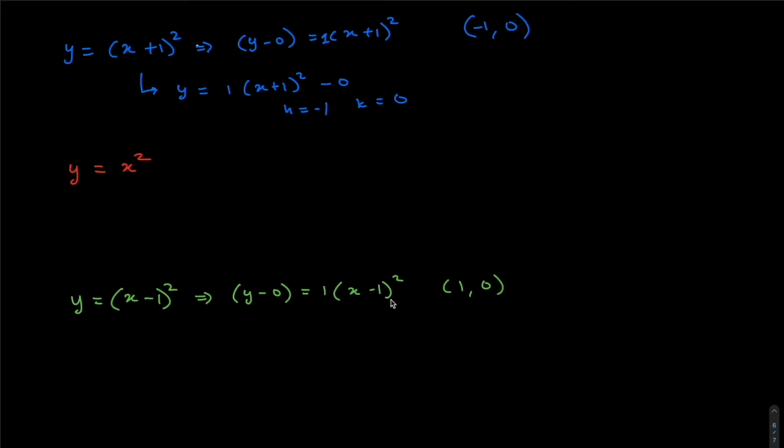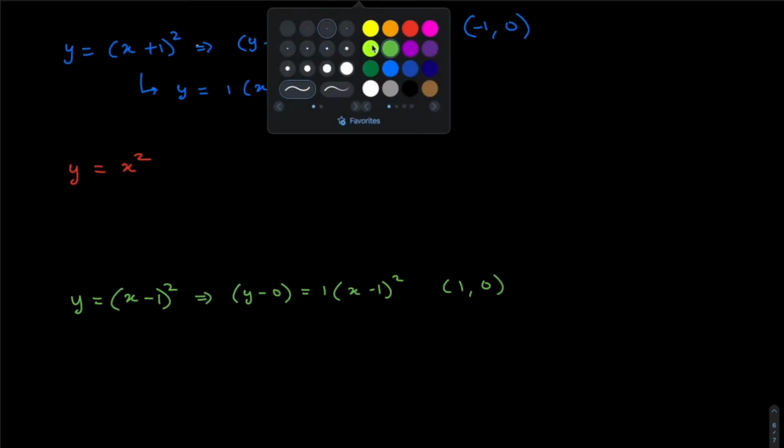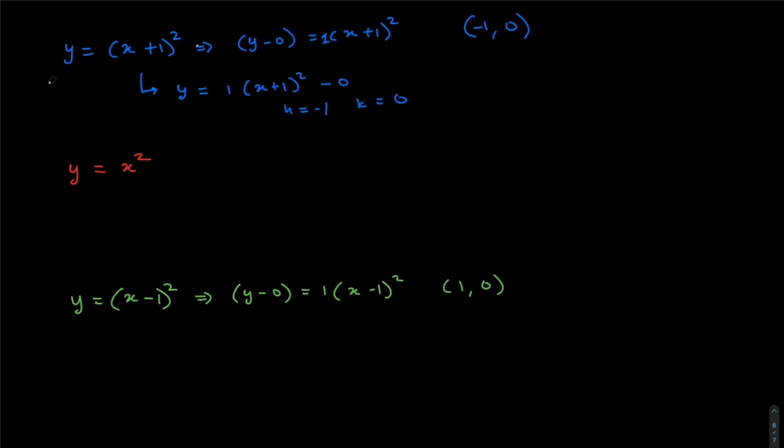One more way you could have seen it, if this doesn't work for you, you could try maybe like this. I don't know if it will work for everyone, but just a suggestion. Maybe when y equals 0, my x is equal to -1. You can see it like this. Here, when y is 0, x is equal to just 1. If it helps at all, great. If it doesn't, I'm sure either of these methods should have helped you.